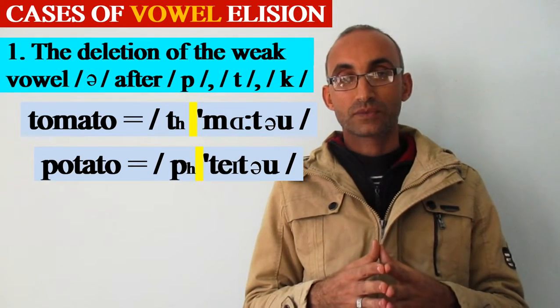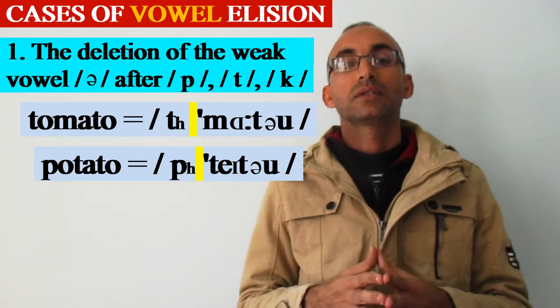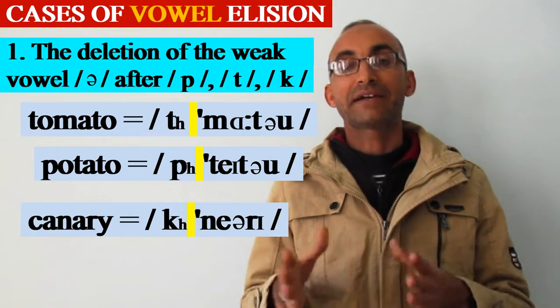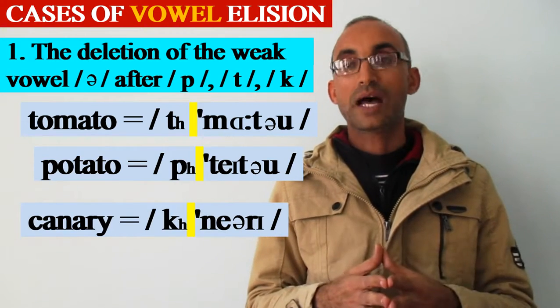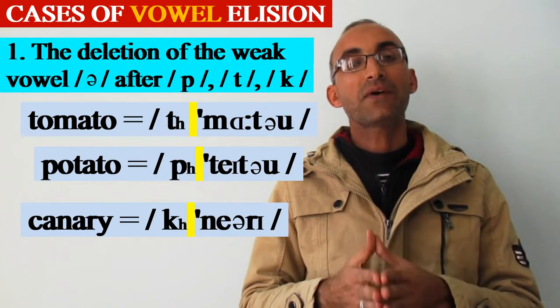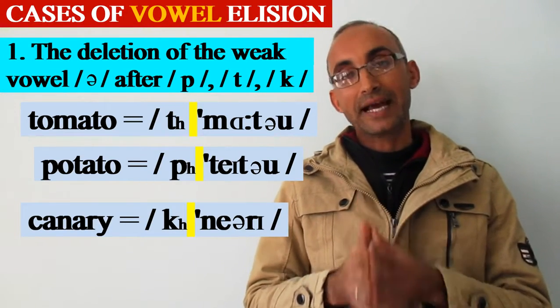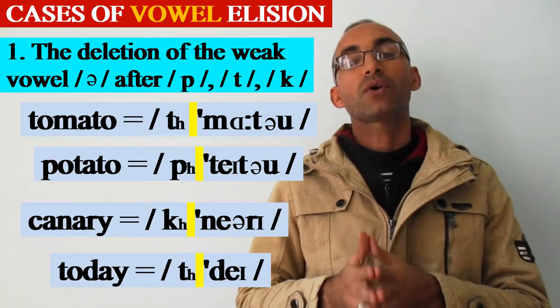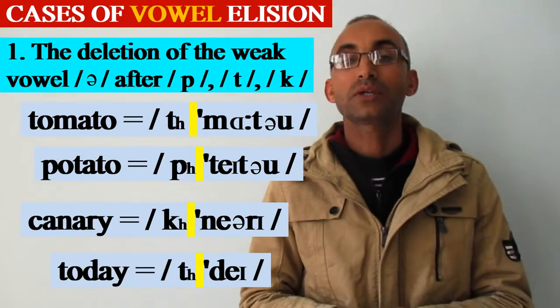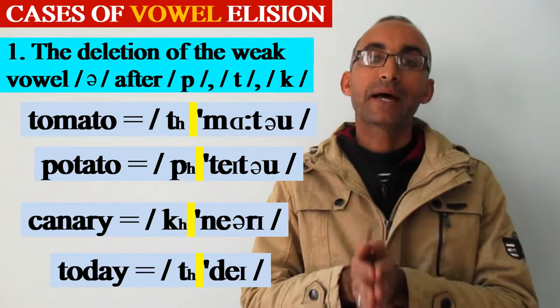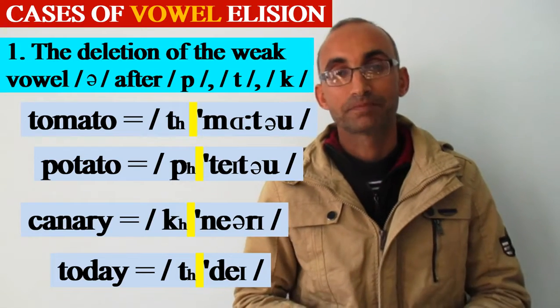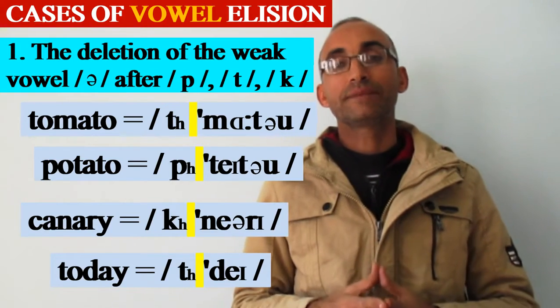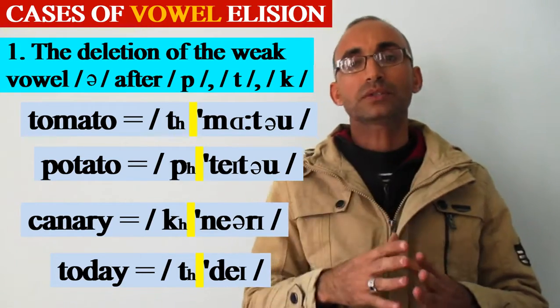Usually when schwa comes after pa, ta, ka, it is omitted, like in tomato, not tomato, potato, not potato, canary, not canary. So after ta and after pa and after ka in these words, we have omitted the schwa because it occurs after ta, pa, ka respectively. Clear? Also, second case for omitting vowels.